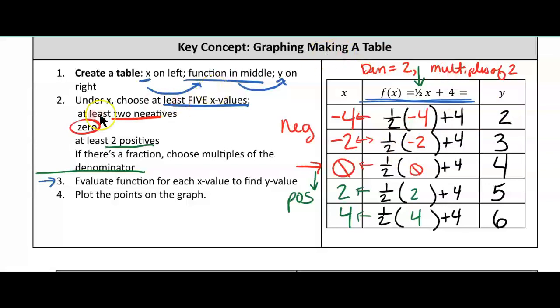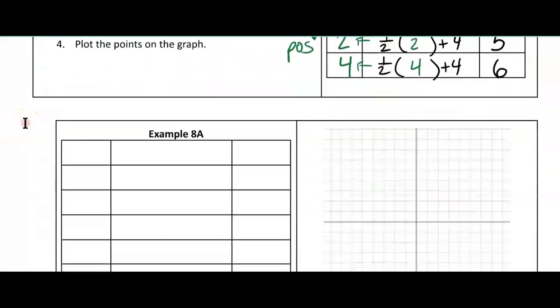So we'll do one. Moving down to example 8a. I'm going to start with putting our x on the left. Our function for this one would be f of x equals -2x plus 3. And then we're finding our y.